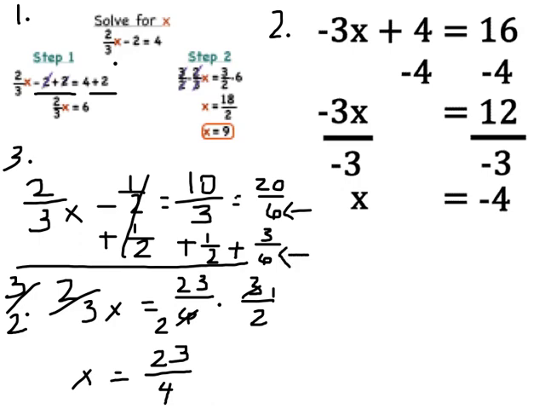And then I get equivalent fractions. Now I can actually add those two and I get 23 over 6. So now I'm left with 2/3 x equals 23 over 6. Then I'm going to invert and multiply by 3 over 2, and then I'll get my answer of 23 over 4.